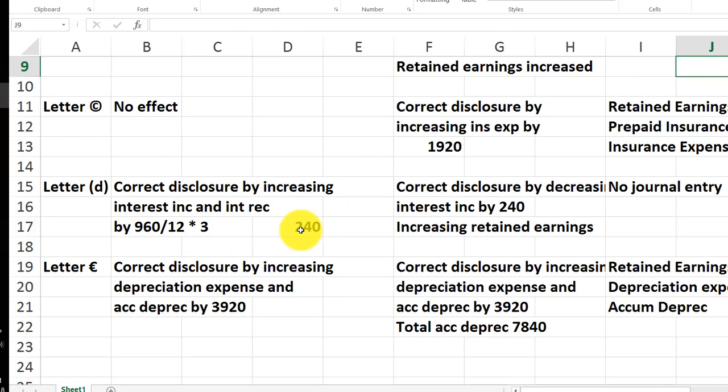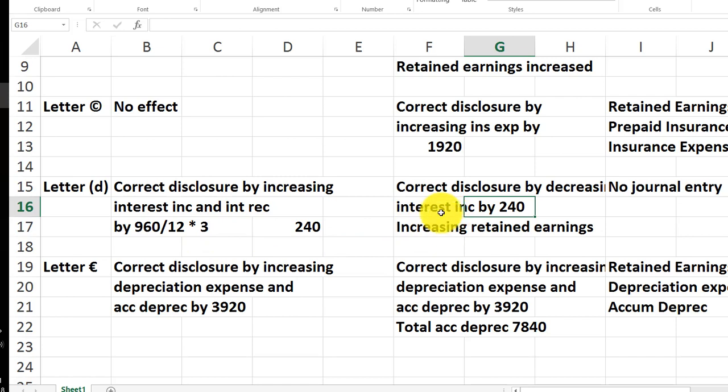So we're going to increase interest income and interest receivable for 240. That's 3 months of interest on that note receivable in 2016. In 2017, we need to decrease the interest income because that was recorded in 2017 and it shouldn't have been, and increase the retained earnings for the amount that was carried over from the year before.